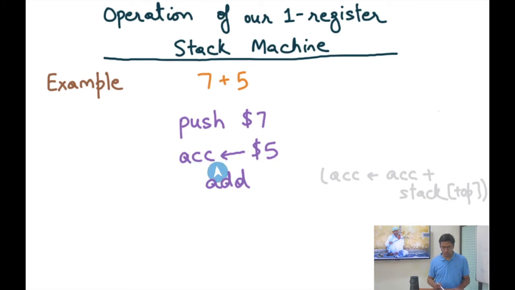Put 5 into the accumulator, add, and that's going to execute this particular operation. Accumulator will get 7 plus 5, and one thing that's missing is that I may want to pop. So basically clear the extra space that I had used on the stack for saving 7.